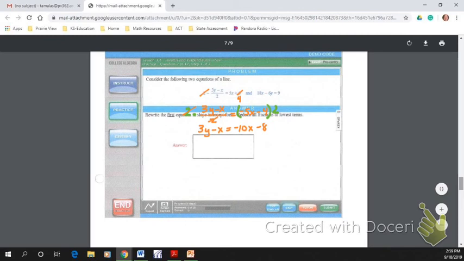So move your x over, add an x to both sides, and you get a -9x. Divide by 3, and I get what? -3x minus 8 thirds. Minus 8 thirds. Okay, so that's your answer to step 1. Yep. Everybody okay with step 1?